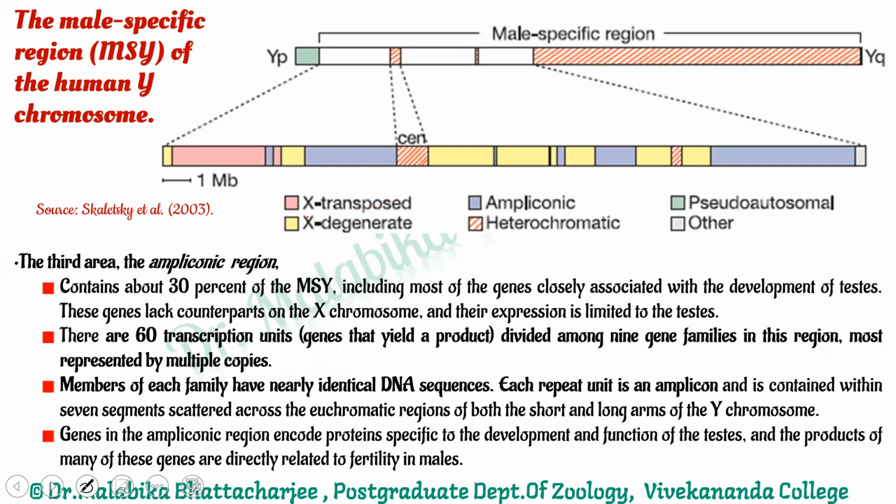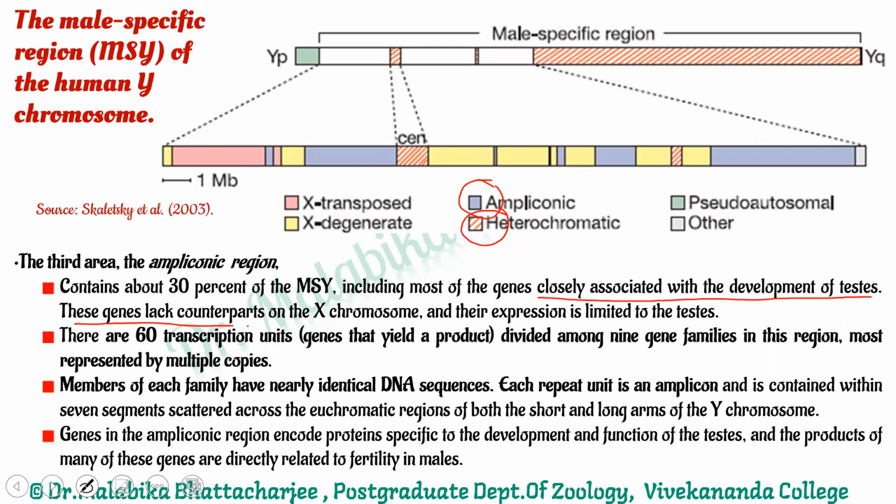Finally, the third area is known as the Ampliconic region, which is this. This is the heterochromatic region. You can see the heterochromatic region shown here, and this violet bluish color is the Ampliconic region. It contains about 30% of the MSY, and it includes those genes which are closely associated with the development of the testes.